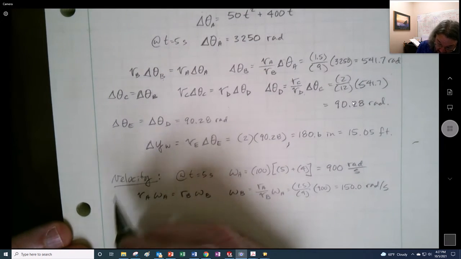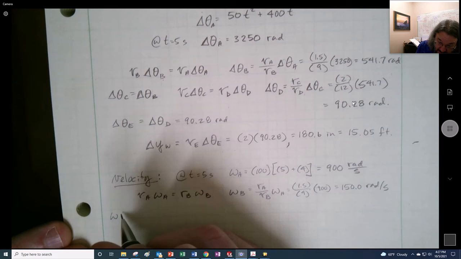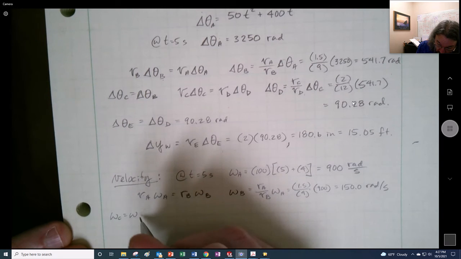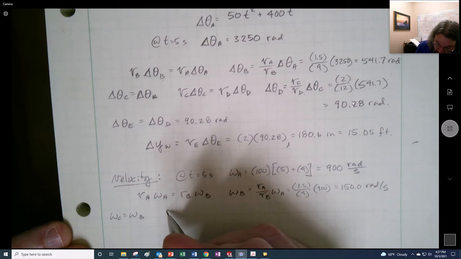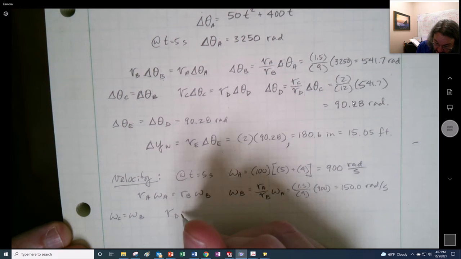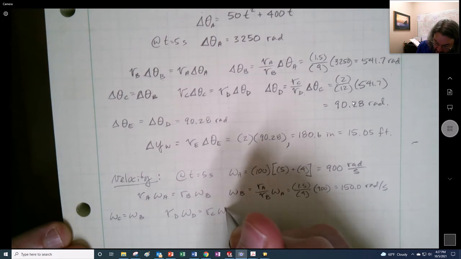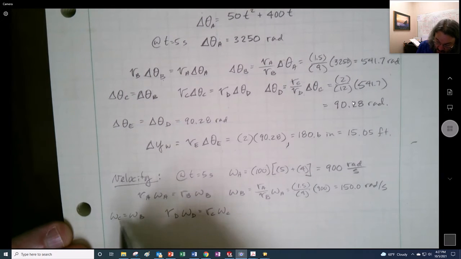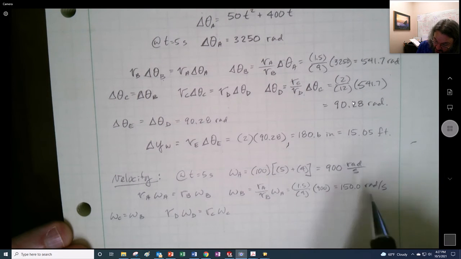Now we know that omega C has to equal omega B. Therefore, RD times omega D has to equal RC times omega C, and we know omega C because it's equal to this right here.